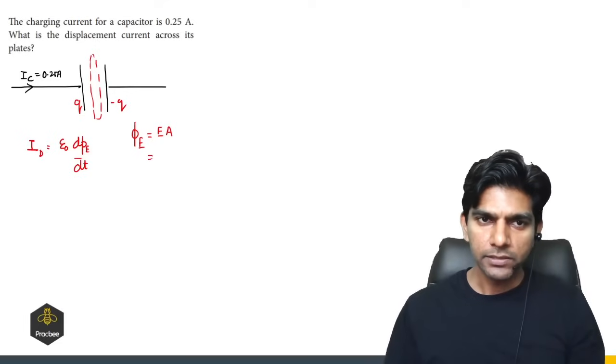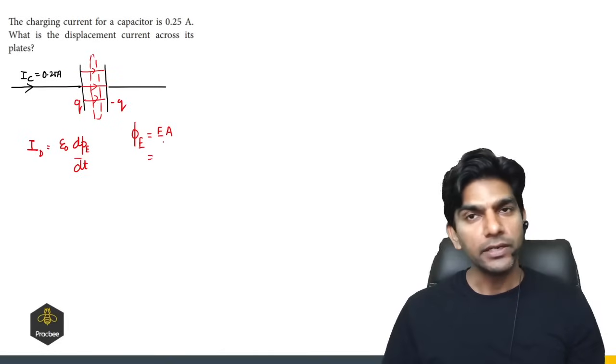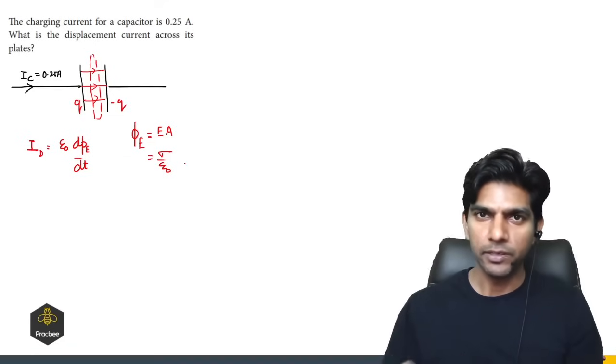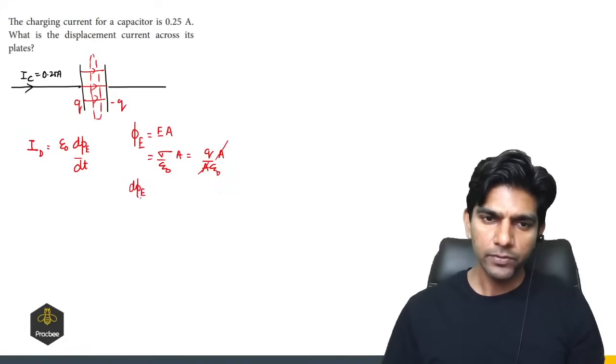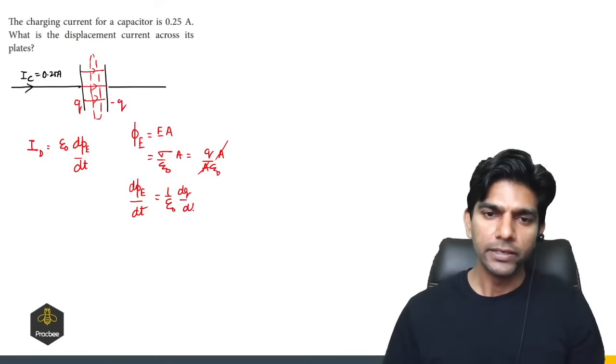And in this case, now this is basically the electric field lines, right? So I can write E as sigma upon epsilon naught. So this is the field in between the plates of the capacitor, and that we have studied in capacitors, times A. So if Q is the charge, so Q upon A epsilon naught times A. So A will get cancelled out. So if you want to find d phi E by dt, so d phi E by dt will be 1 by epsilon naught times dq by dt.